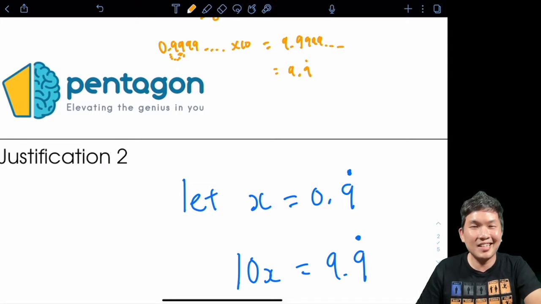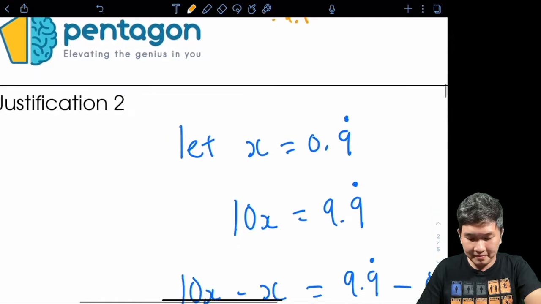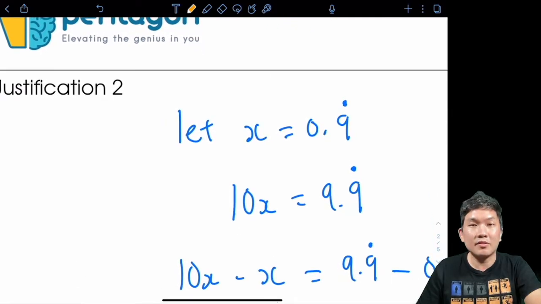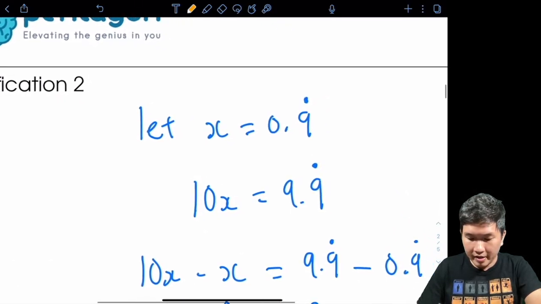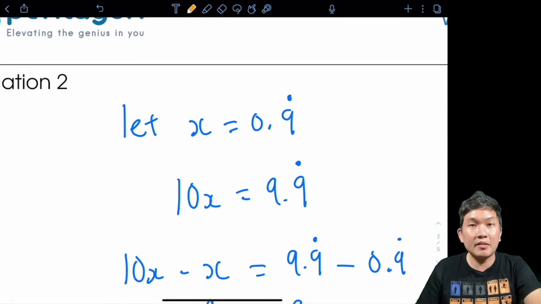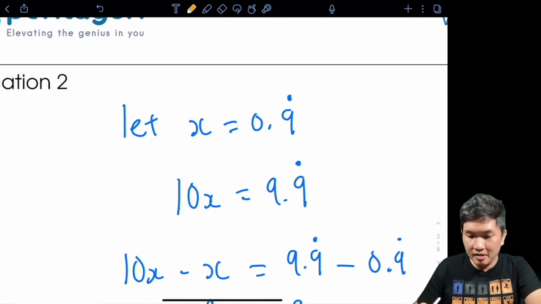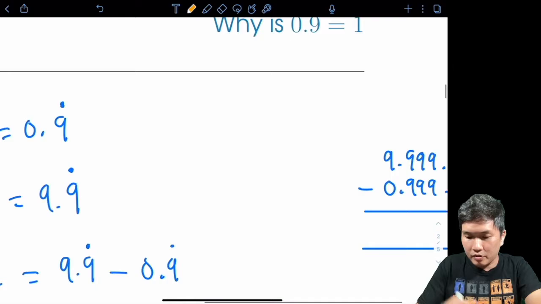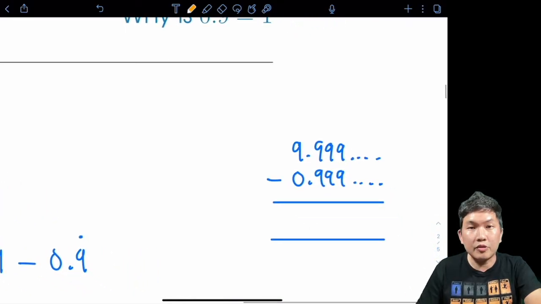Then in the next step, I'm going to take 10x and subtract x. That's what it looks like on the left hand side. On the right hand side, it will be 9.9 repeating minus 0.9 repeating. Let me show you what that looks like with simple subtraction.